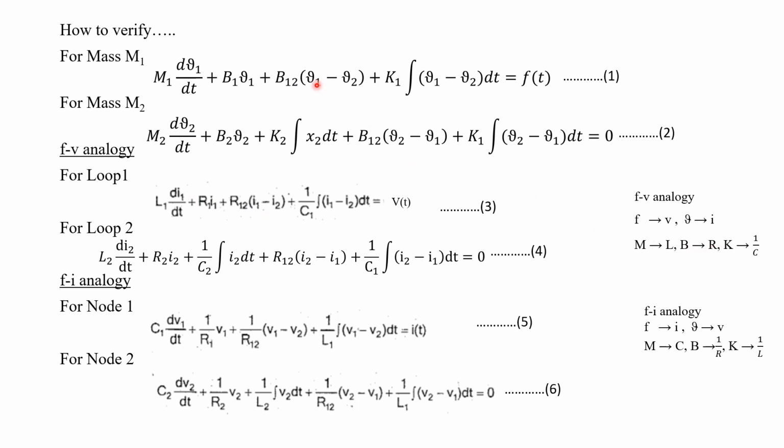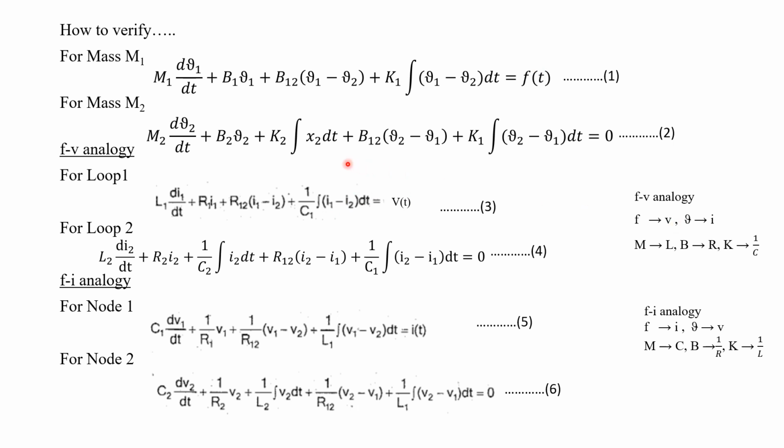Now V1 minus V2, correspondingly here we have I1 minus I2, because V is equated to I. Then K1 is equated to 1 by C1, because K is equated to 1 by C. Understood? Then the integral, here also we have an integral: V1 minus V2 will be I1 minus I2 dt. F of t here will be V of t, because F is equated to V. Understood?